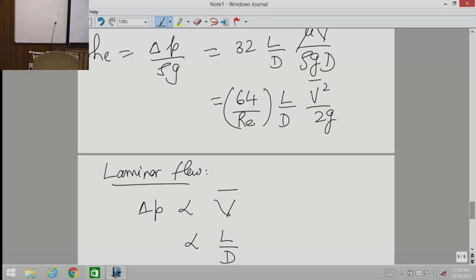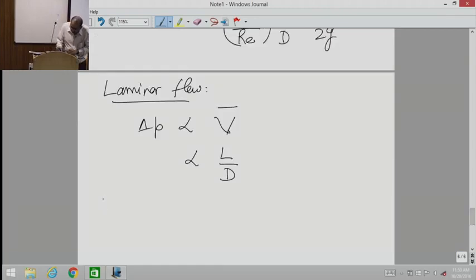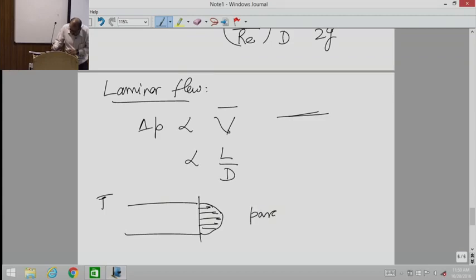So why am I playing this game? What is the need to do this? And for that, let's see. So in a laminar flow, if I look at the velocity profile, the velocity profile is parabolic.